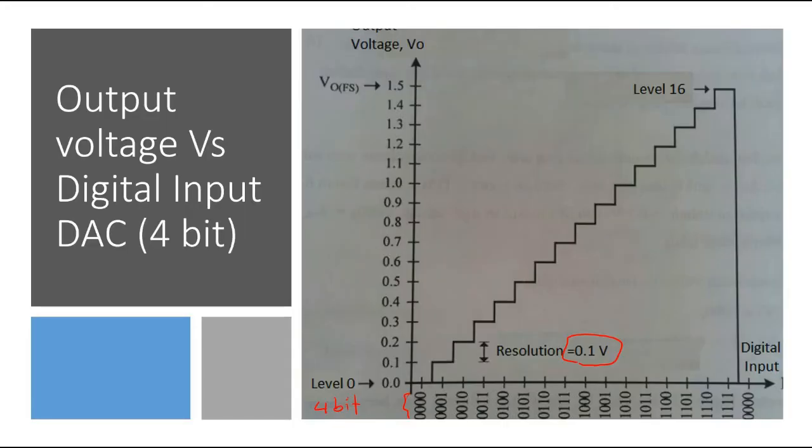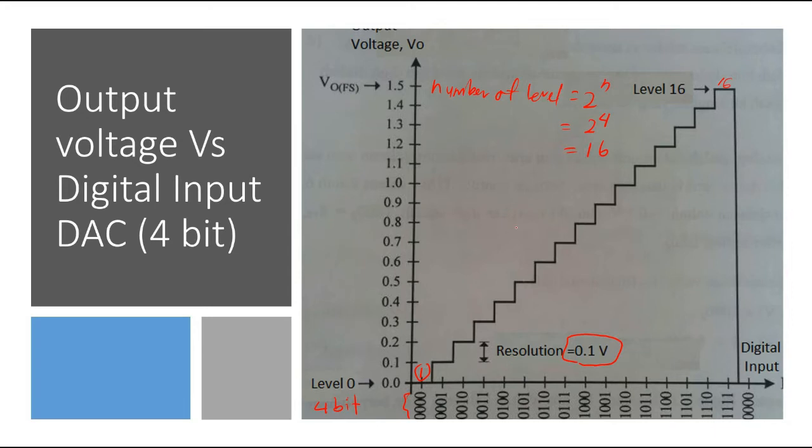So our n equals 4, so number of levels equals 16. So we have levels here from 1 to 16.